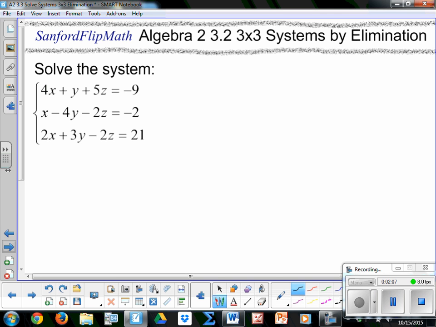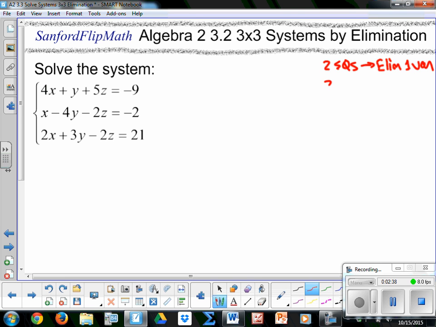What we need to do is target one variable. Pick one that you think is the easier one to get rid of. It doesn't really matter. We're going to pick 2 equations and eliminate one variable.